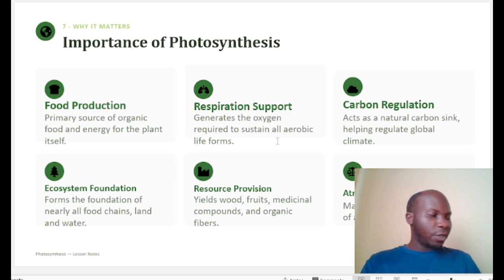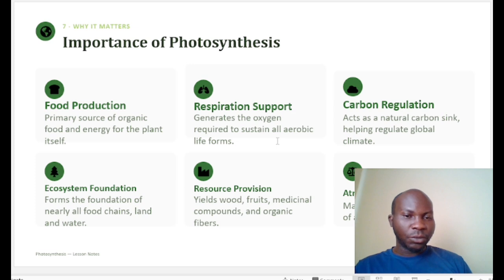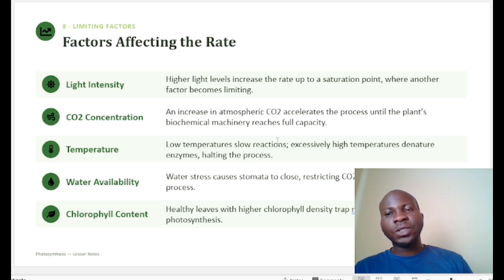Number 2, we have respiration support, where the oxygen generated can be used by aerobic organisms. There is carbon dioxide regulation, where plants absorb carbon dioxide to reduce the greenhouse effect. We have ecosystem foundation, resource provision and atmospheric balance. So now let's stop here.